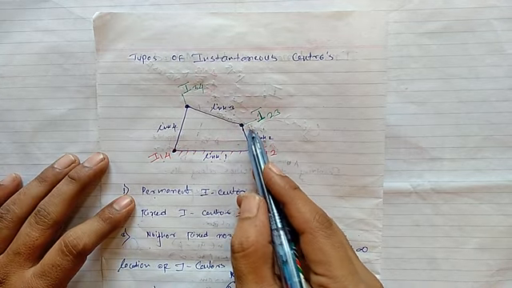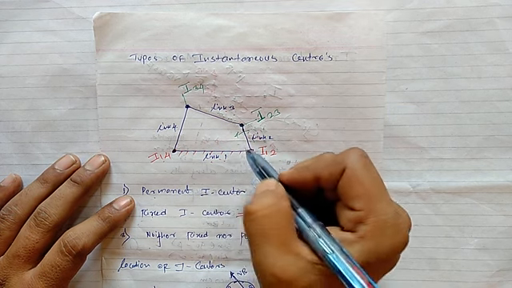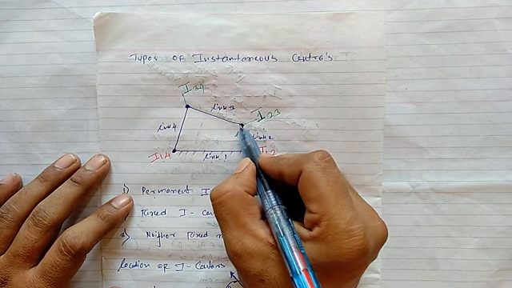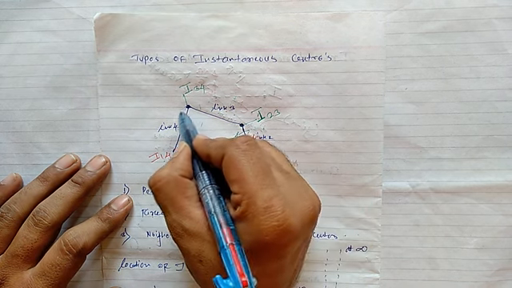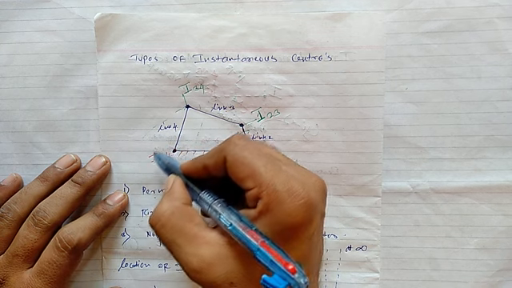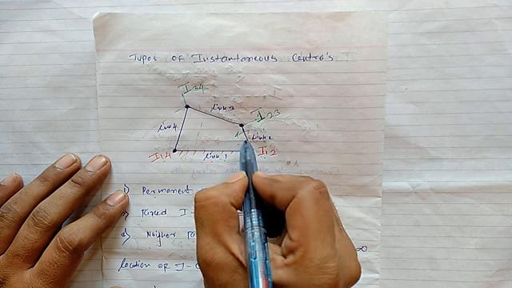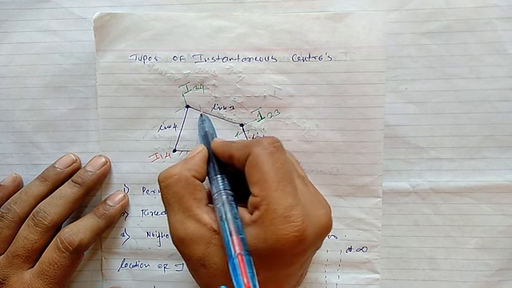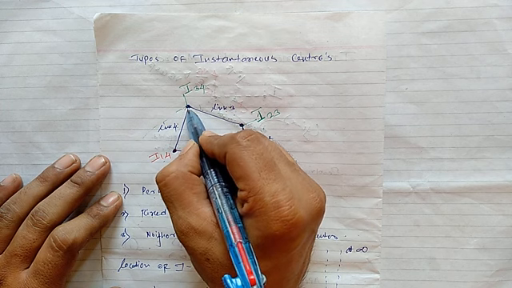If I provide motion to the links, then due to the motion I 2 3 will move in this manner, and I 3 4 also moves in this manner. But in this particular case, the joints between link 2 and 3 and between link 3 and 4 are permanent in nature.